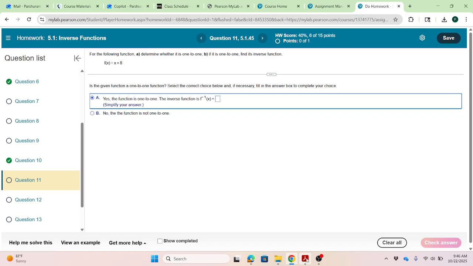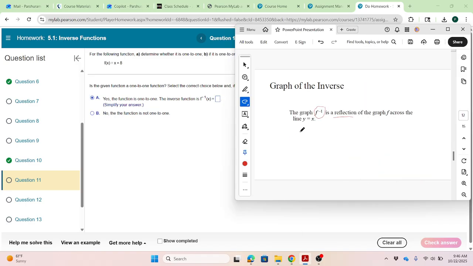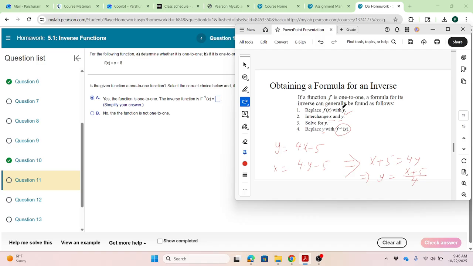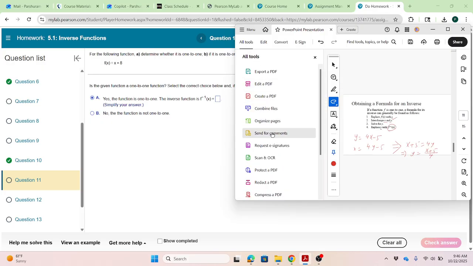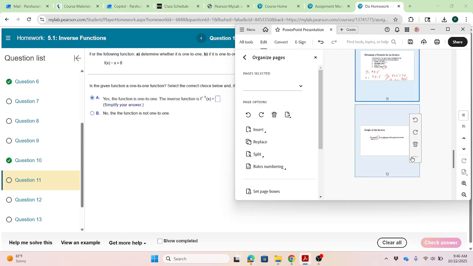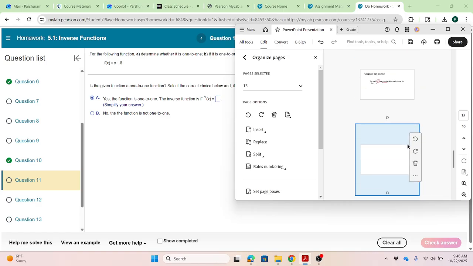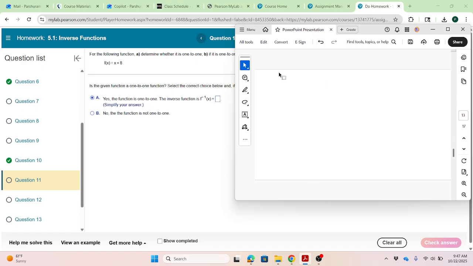Finding the inverse means you replace the function by y, and let me use a blank page here. First, you replace the function by y and write it as an equation.